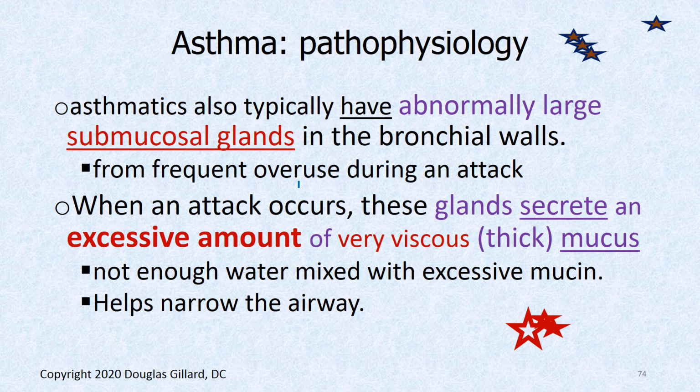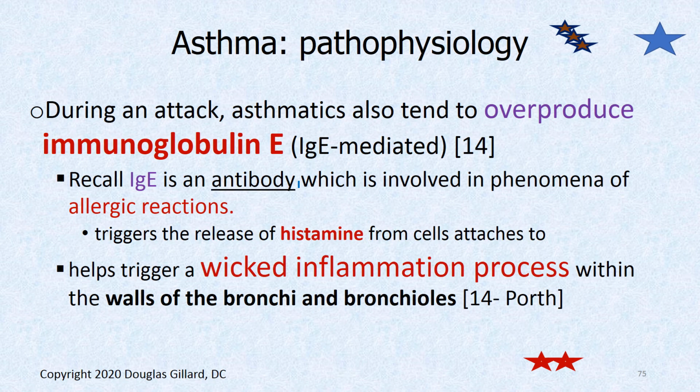So even when they're between asthma attacks, they don't have the pipes that most people have. Their pipes are narrowed. And then when the attack occurs, they have tons of thick, sticky mucus that comes out. During an attack, they tend to also overproduce immunoglobulin E, or IgE, which is an allergy-type immunoglobulin, right?